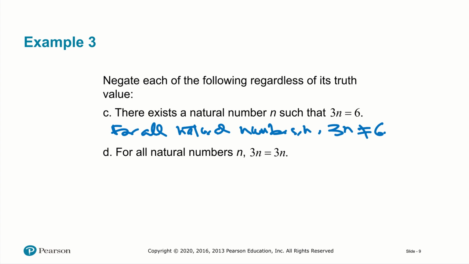All right. Now the next statement says for all natural numbers n, 3n equals 3n. Go ahead and pause the video and see if you can negate that.